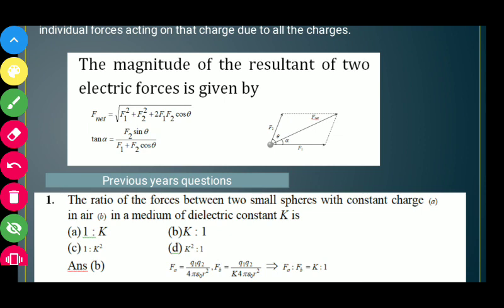Here, the dielectric constant is given as K. So, the answer for this question is that the force of attraction between two objects is F equal to 1 by 4 pi epsilon 0 Q1 Q2 by R square. If there is a medium, then the force can be written as 1 by 4 pi epsilon 0 K Q1 Q2 by R square. So here K is in the denominator, and by dividing these two equations we will get the answer K is to 1.